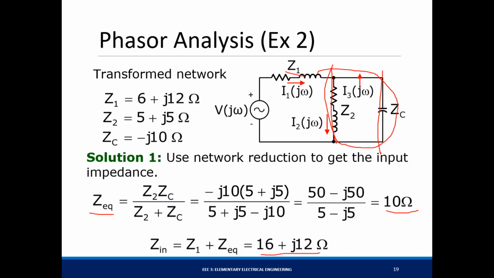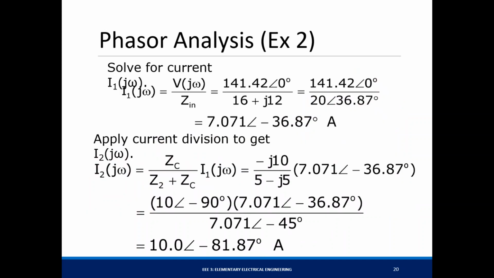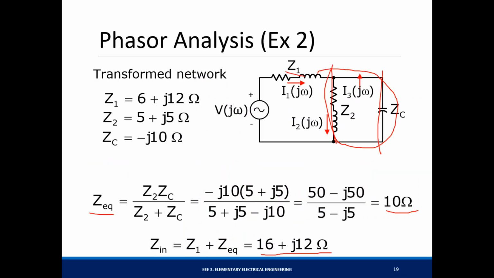So that's this value right here. We can now solve for the current I1 by just doing Ohm's law, voltage across the total impedance divided by the impedance, basically. And you'll get this expression for your current. So this is the current that goes into the system.